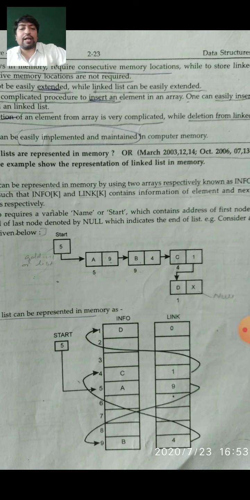Where is the link part and where is the index number? Just connect the link part and index number with an arrow inside the memory representation. You can see 1 is connected with index number 1, 9 with index number 9, and the link part containing 4 is directly connected with index number 4.